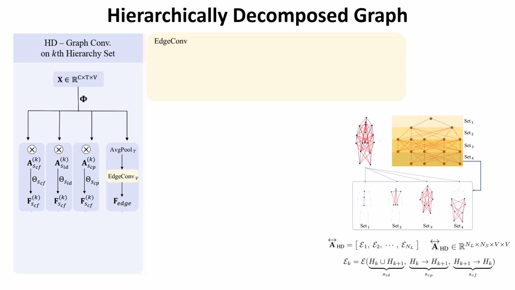We do average pooling over the T dimension, which ends up giving us C times V. In other words, it looks at one single joint, for example the neck, at 64 different time frames, and then takes the average of all these 64 time frames, and we end up having a single node of the neck, which is representative of the whole sequence. So instead of having 64 frames, now we have only a single frame representing the whole sequence.